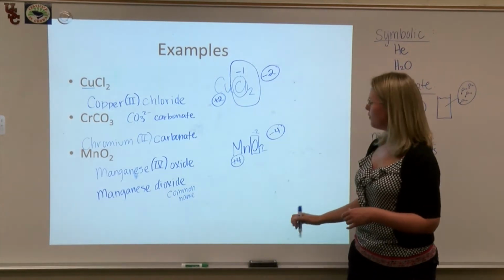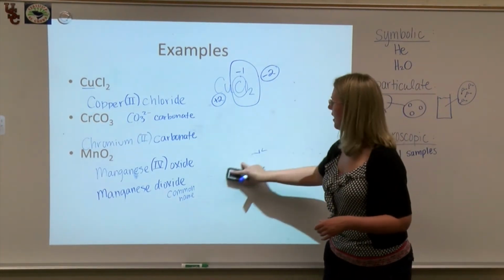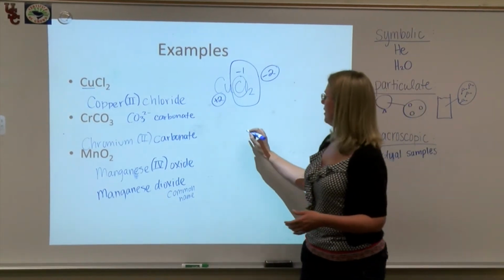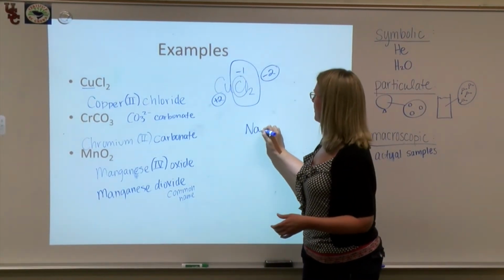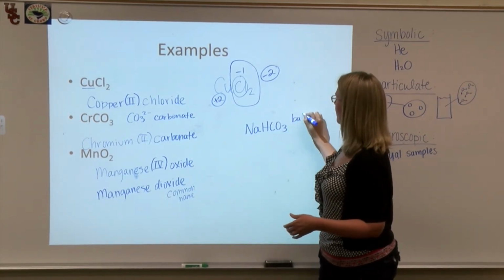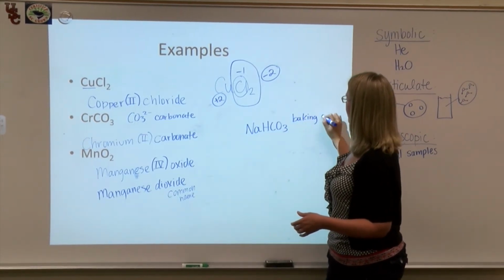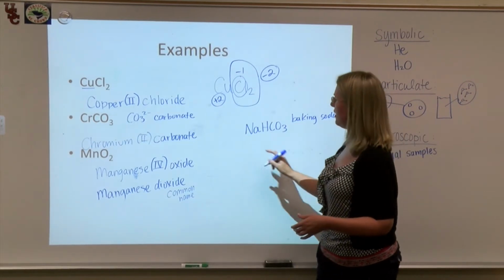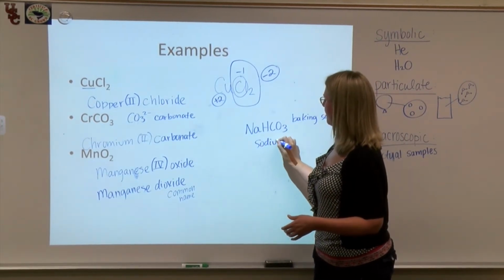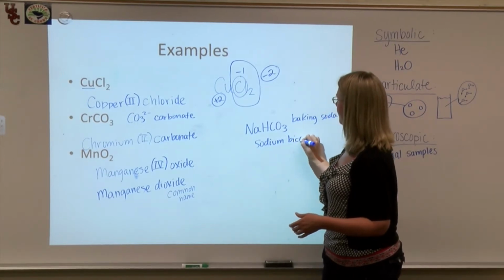Okay. So one other thing I want to talk about, like common name stuff. A lot of times in class you're going to use baking soda. The formula for baking soda is this. So we can call this baking soda. We can call this sodium bicarbonate.